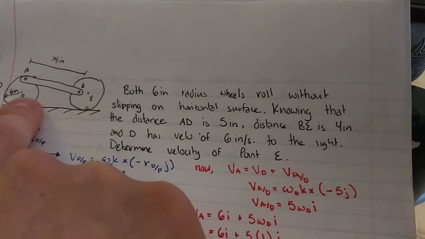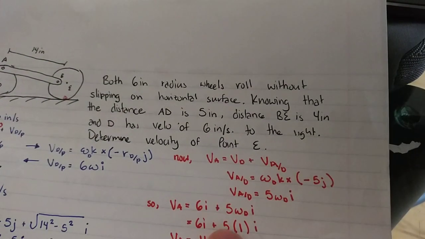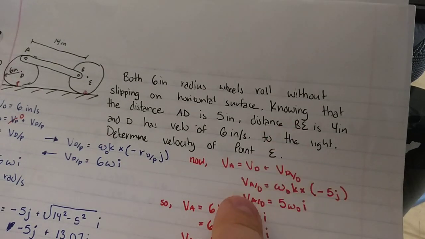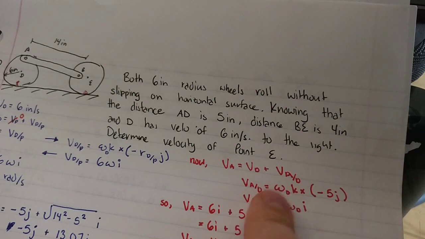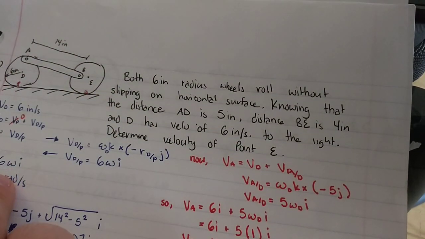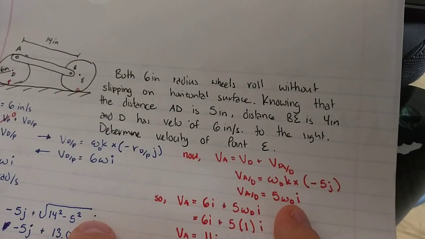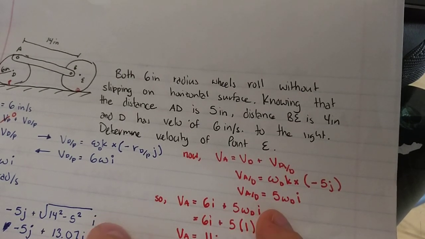So, velocity of A is equal to velocity at D plus the velocity from D to A. I always forget which direction it goes in, but anyway, it's going to be the angular velocity at D crossed with this distance, negative 5, that's given right here. That gives us 5 omega_D i, and we know that, so we'll sub it in later.